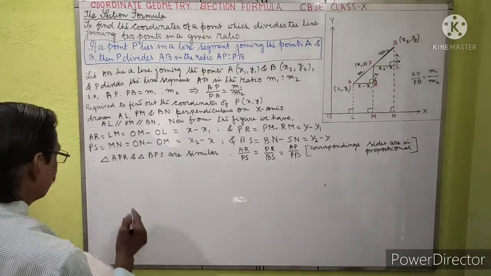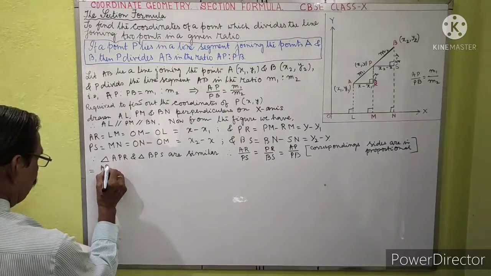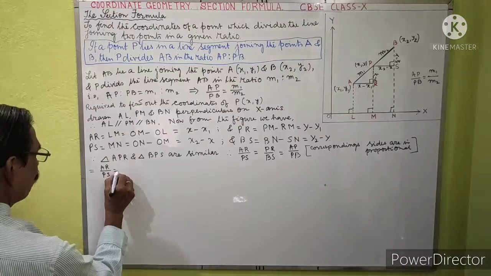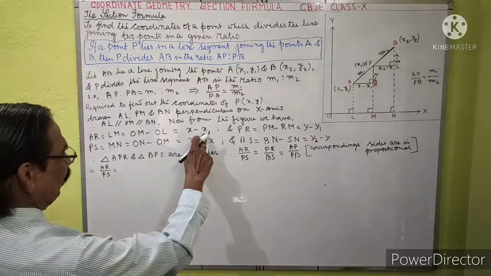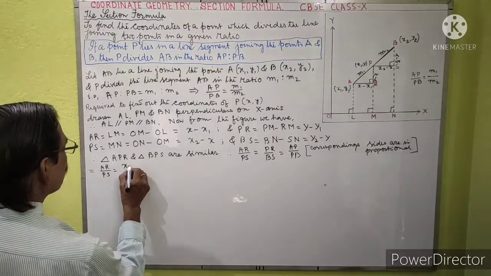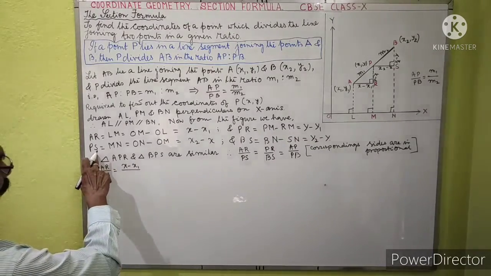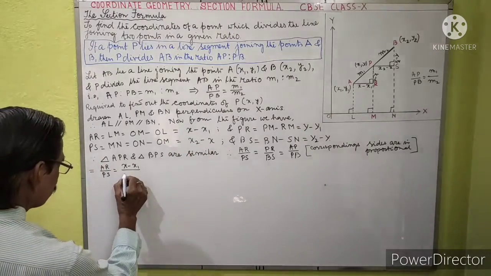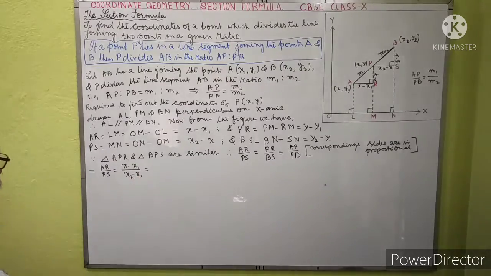Therefore, AR by PS. Just see, AR equals x minus x1 and PS equals x2 minus x.